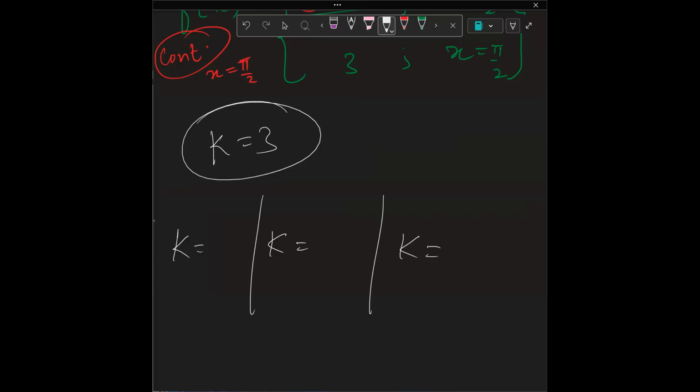So k is equal to 6, right? Your answer is 6. Yes, sir. Okay. Ali, what's your answer?